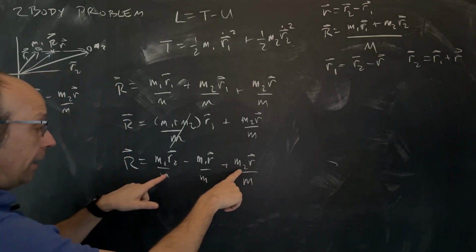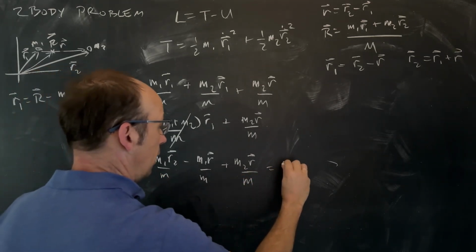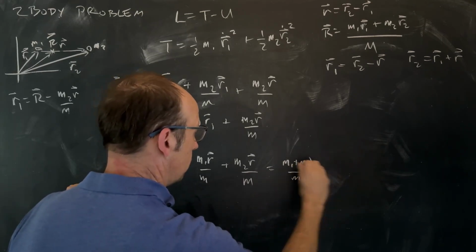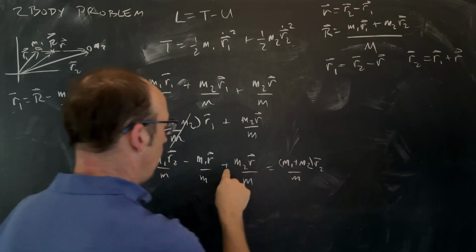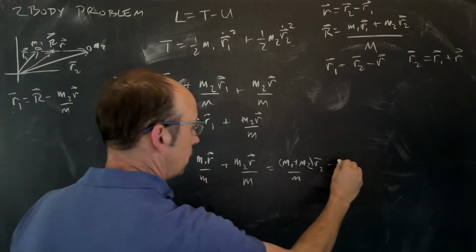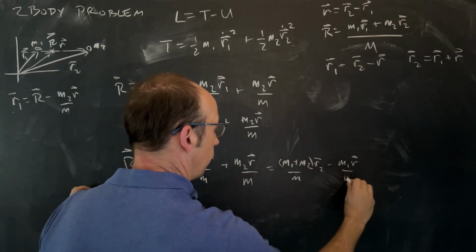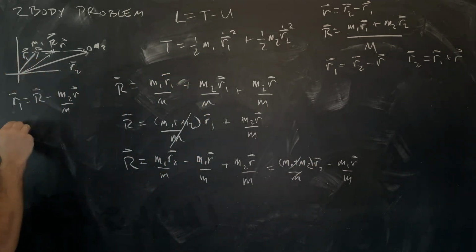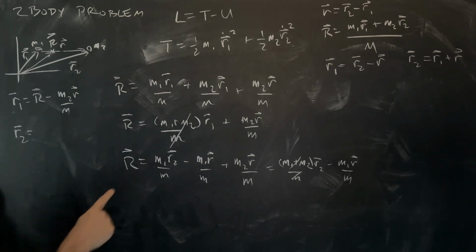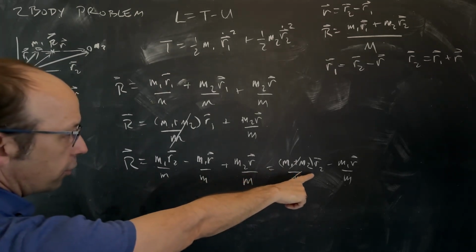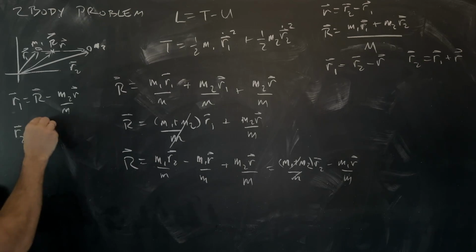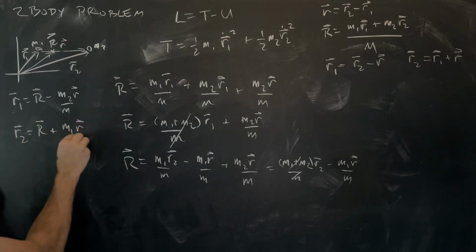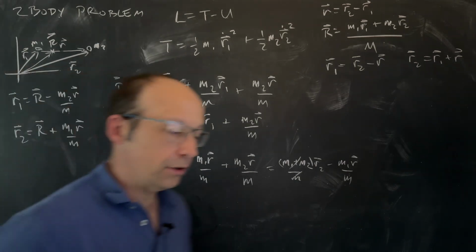And again, I can combine these two, and I get m1 plus m2 over m r2. And then I have minus m1 r over m. Cancel, cancel. So if I solve that for r2, where am I at? Right here. r2 is going to be equal to R plus m1 r over m. Very important expressions, very important.